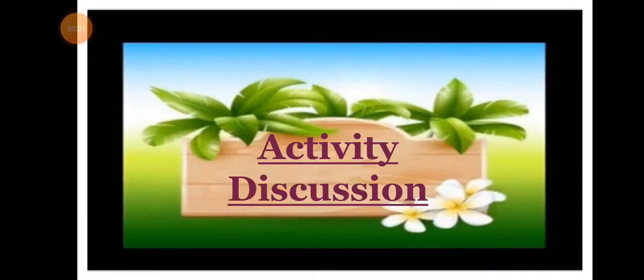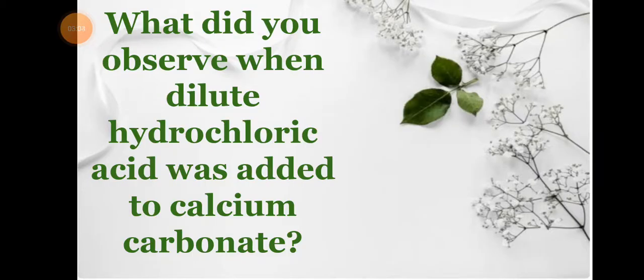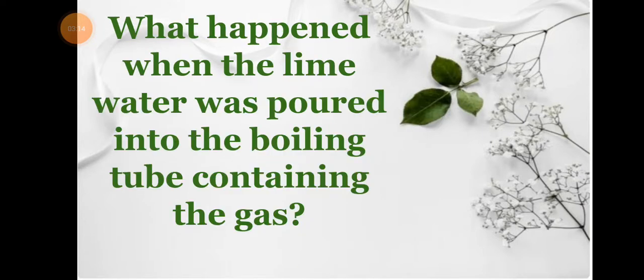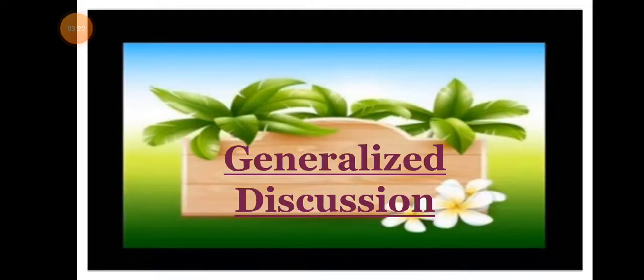What are the changes in this lime water? What did you observe when dilute hydrochloric acid was added? And what does this indicate? And the last question is, what happened when the lime water was poured into the boiling tube containing the gas?